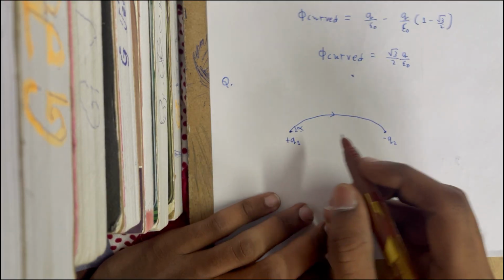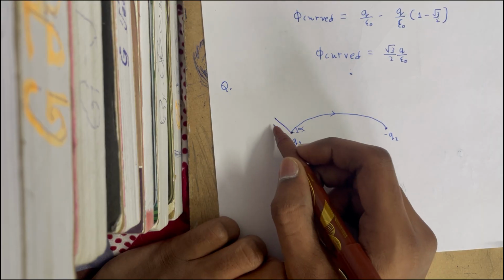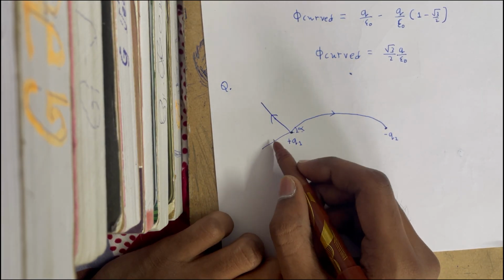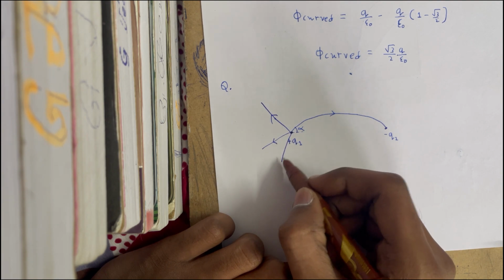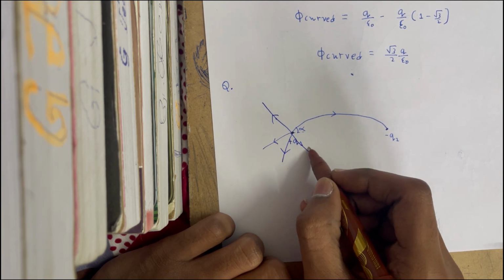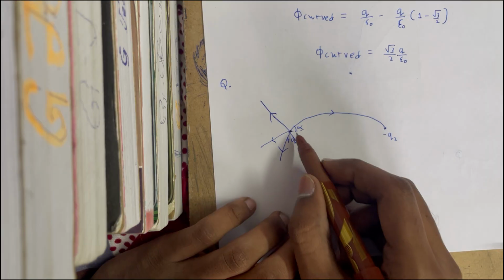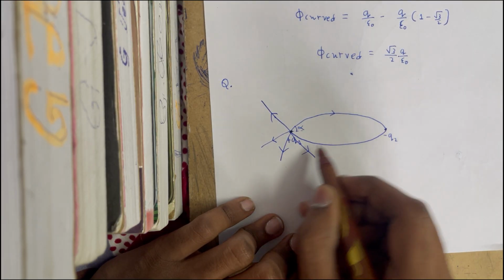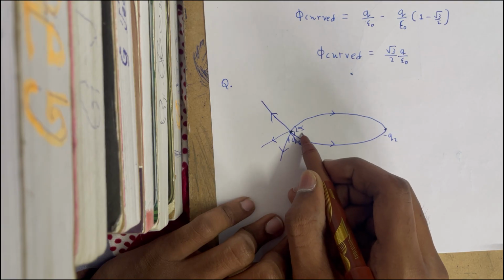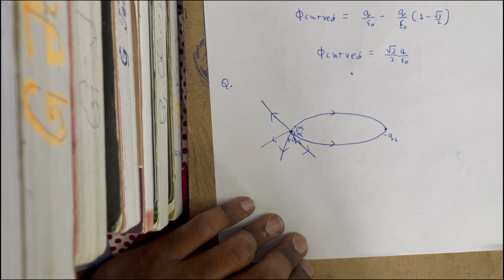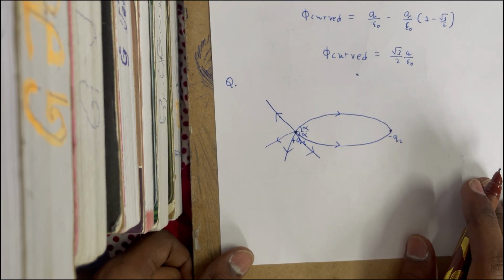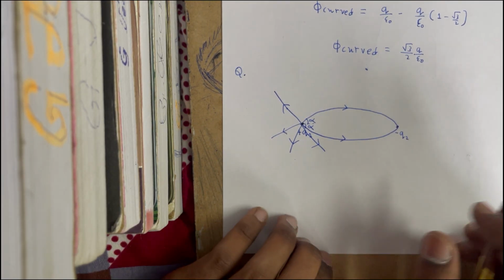So there will be many field lines produced by this charge, and not all of them will reach q2, right? Only some of them will reach q2. I mean negative q2.